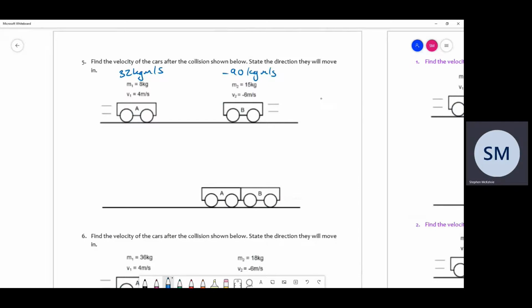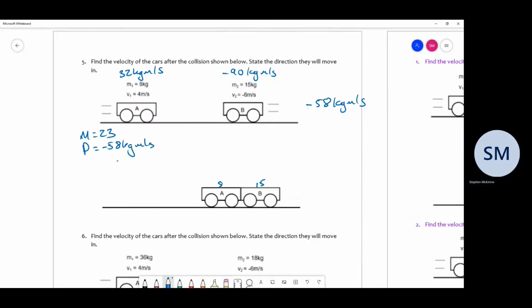Giving me a total momentum before of minus 58 kilogram meters per second. Mass of A is 8, the mass of B is 15. 8 plus 15 will equal 23. The momentum will equal negative 58 kilogram meters per second, and the velocity we will work out in just a moment.